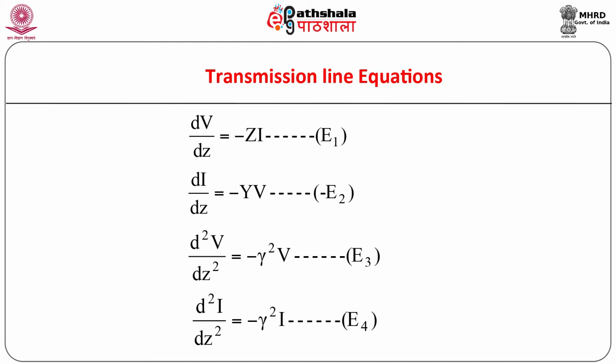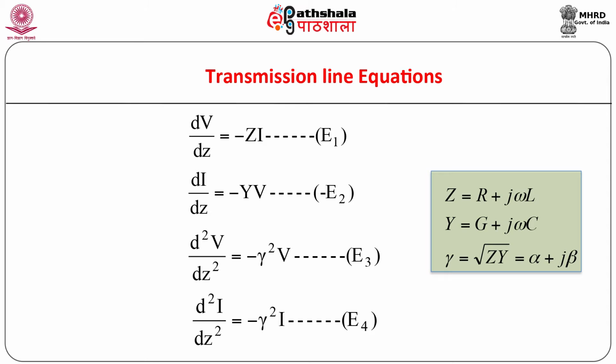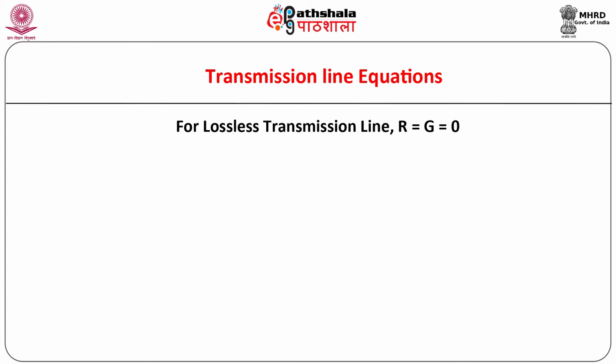The substitutions made while deriving these relations are as shown, namely Z is equal to R plus j omega L, Y, the admittance, is equal to G plus j omega C, and gamma is equal to root ZY, which is alpha plus j beta. For a lossless transmission line, R is equal to G is equal to 0.